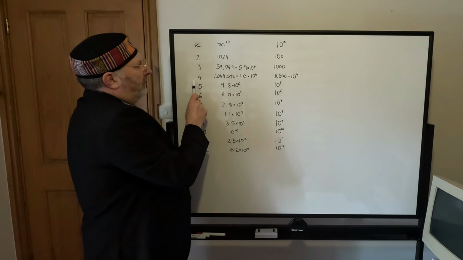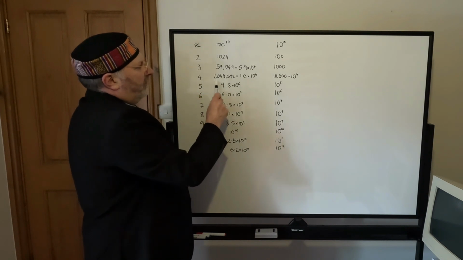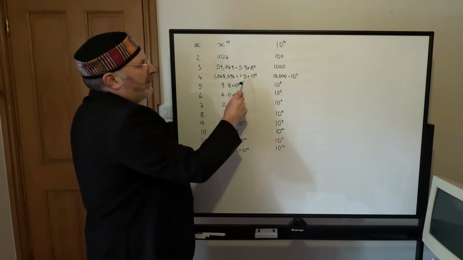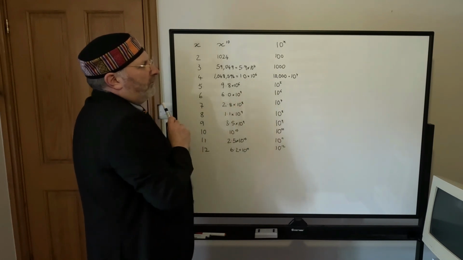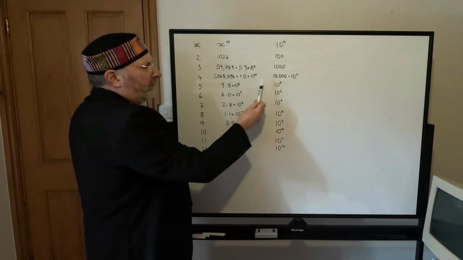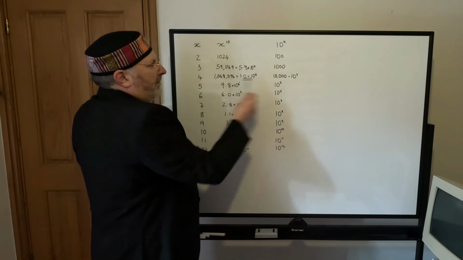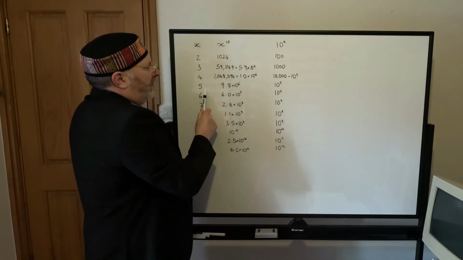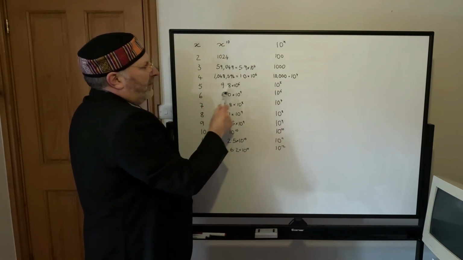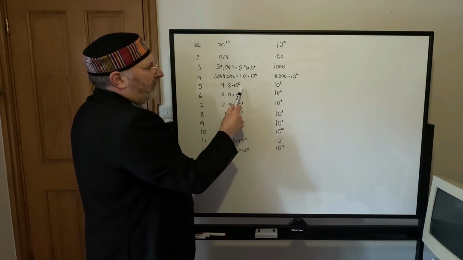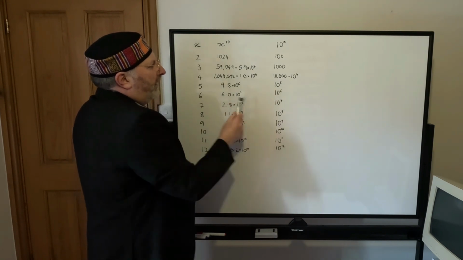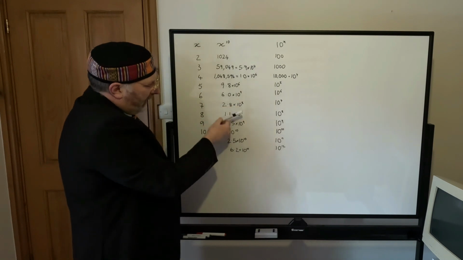Then when we go to x equals 4, this is a million and something, so that's roughly 1.0 times 10 to the 6, and this is 10 to the power of 4. And then at 5, for x to the 10 we've got 9.8 times 10 to the 6. This is 10 to the 5. So still the power law is winning.